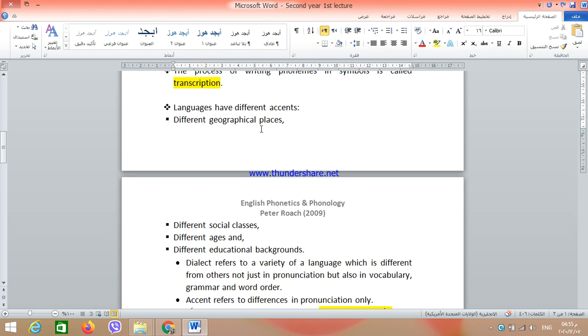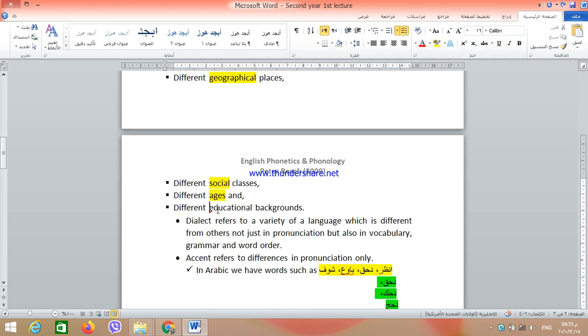One point to be mentioned here is that languages have different accents, and English is not an exception in this respect. We have different accents of English based on geographical variations, social variations, age variations, or if you like, generation variation, and education backgrounds variation.